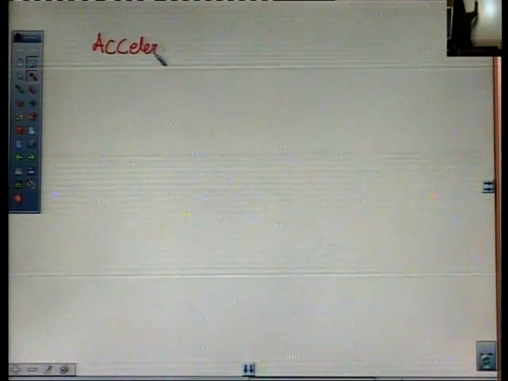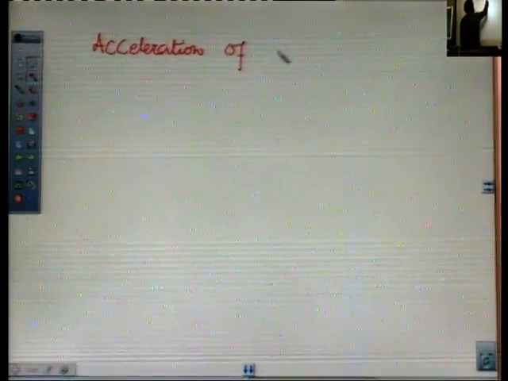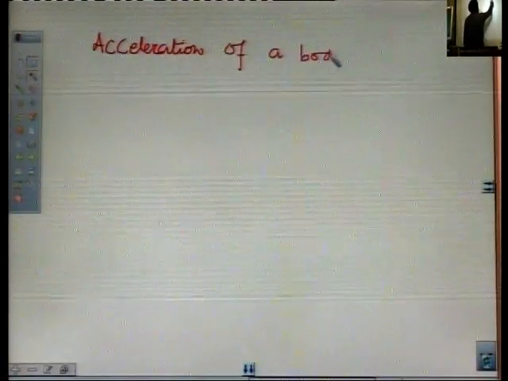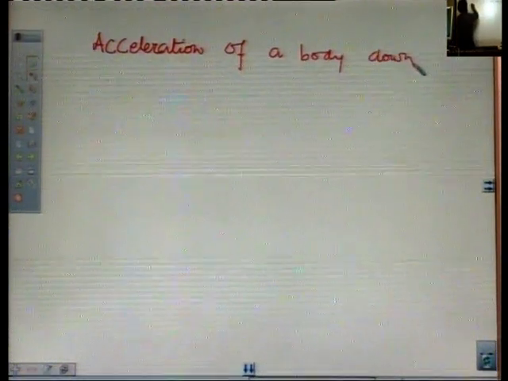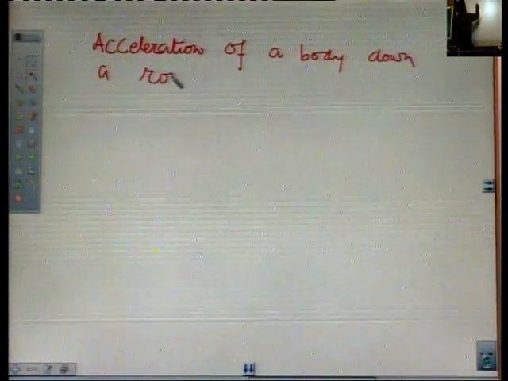Then, what is the acceleration of a body down a rough inclined plane?